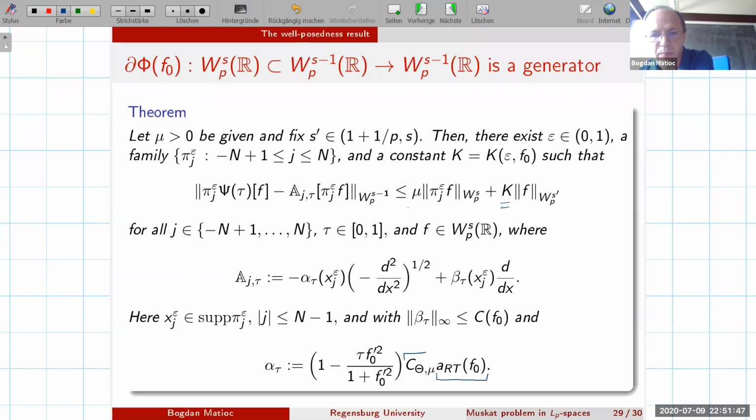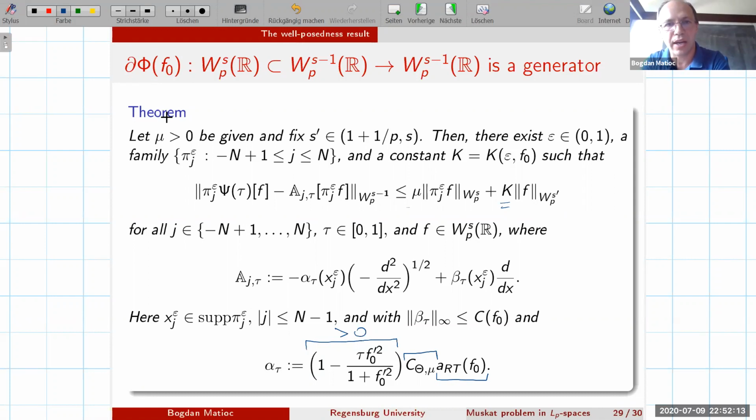We have this positive constant, theta is positive, and this difference here is also positive. So these operators generate analytic semigroups, and then there is a technique to show that also the Fréchet derivative of phi evaluated at f naught is a generator of an analytic semigroup.